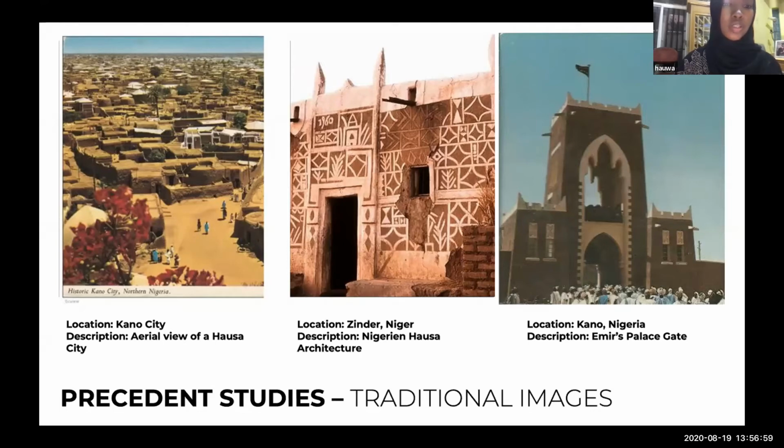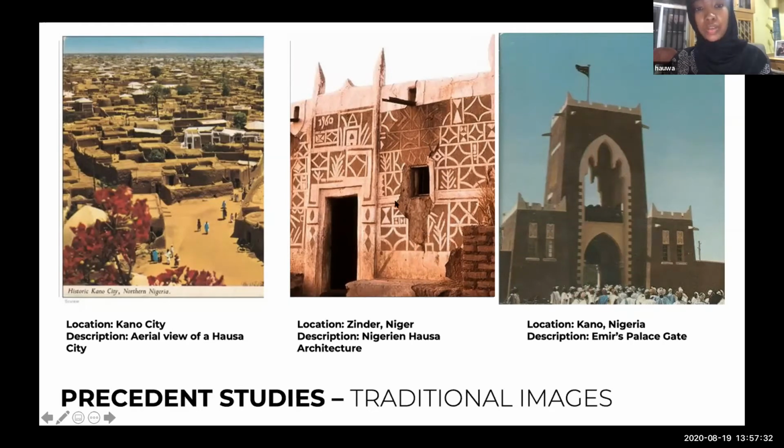You can even spot the zankwai or pinnacles from here, and you can get a sense from this image that Hausa architecture is designed to really be inward looking, to focus on the activities of the people within, and to keep away as much as possible outward stares, or people don't want to be seen from the outside.